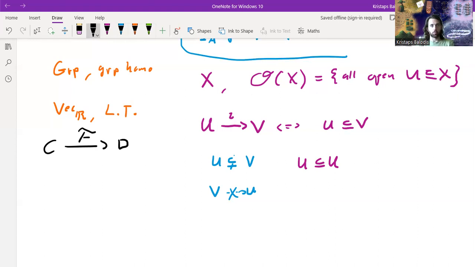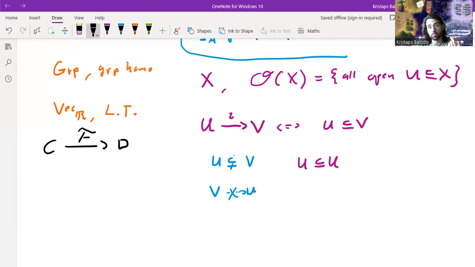Groups, group homomorphisms, topological spaces, continuous maps, Banach spaces, continuous maps, graphs, graph homomorphisms. So categories themselves form objects unto themselves. We can think about things in such a way.